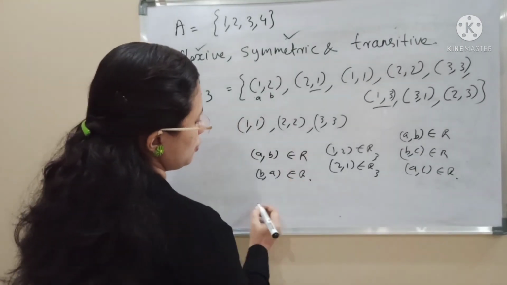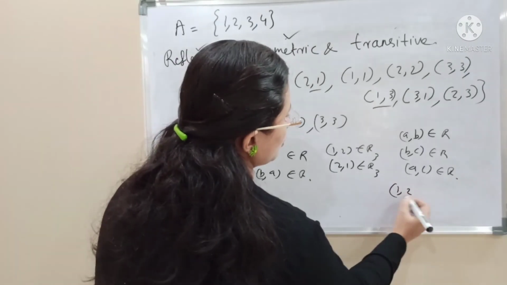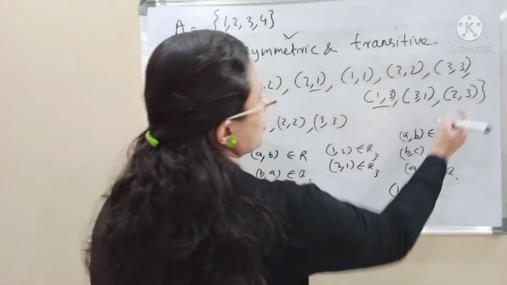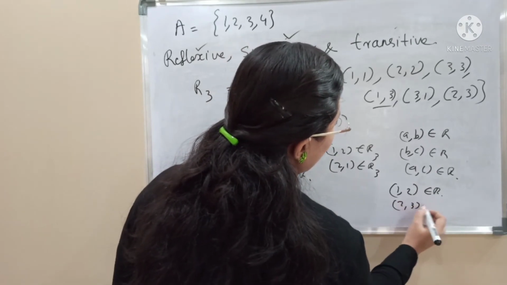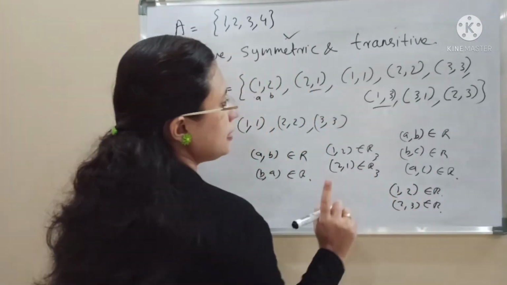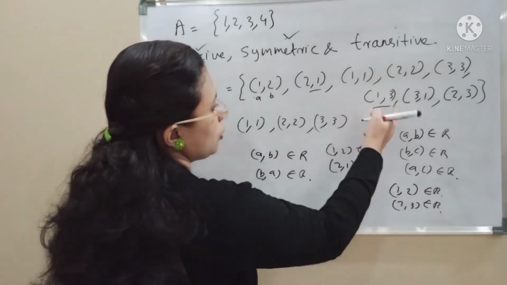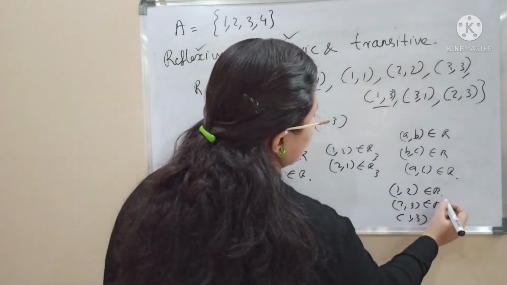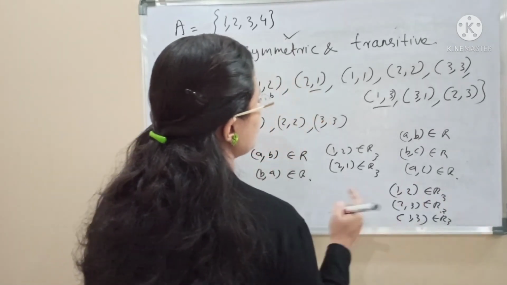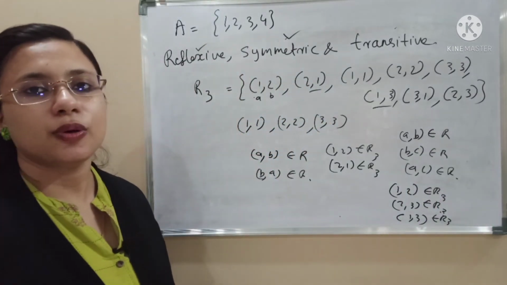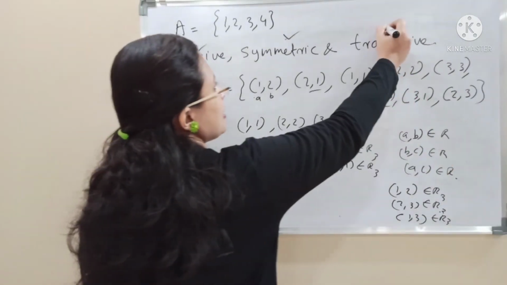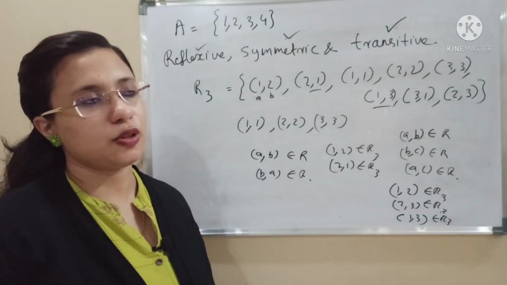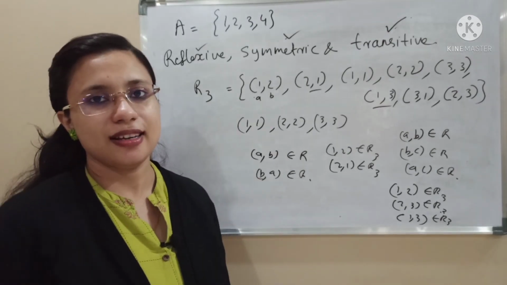Let's check. (1,2) belongs to R, so (2,3) should be there. Yes, (2,3) belongs to R, then (1,3) belongs to R in relation set R3. So this is transitive also. So all three conditions are satisfied.